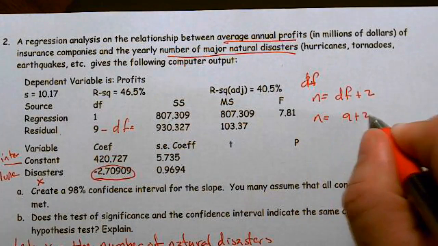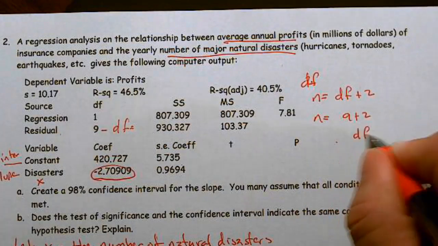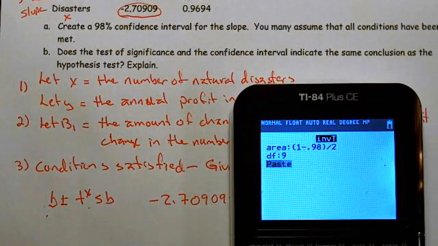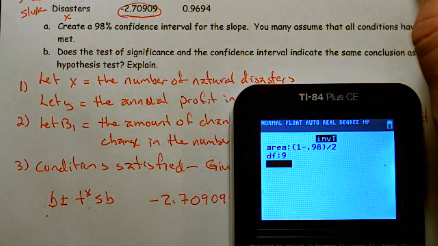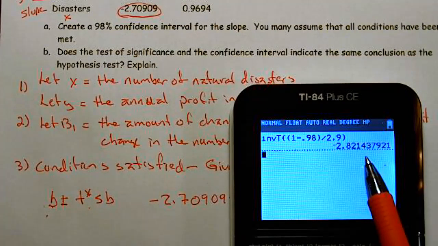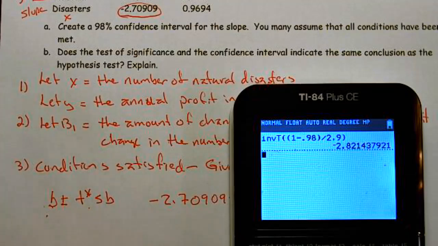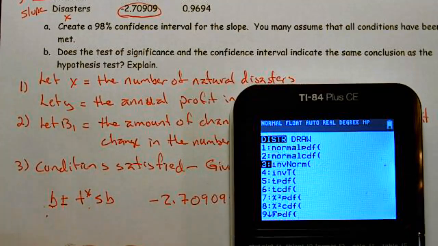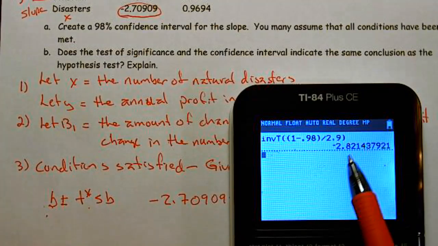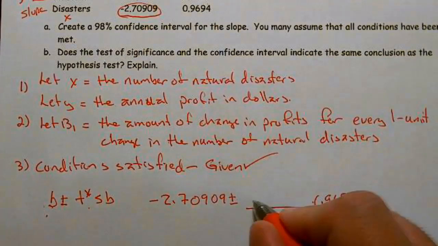And remember, degrees of freedom just happens to be n minus 2 for residuals. So in this case, we know we have a degrees of freedom of 9 because we had a sample size of 11. Let me check that one last time, because I hate to do my work with it being wrong. That looks good. So I end up getting a T star of 2.82. I'm just going to keep it short at 2.82.